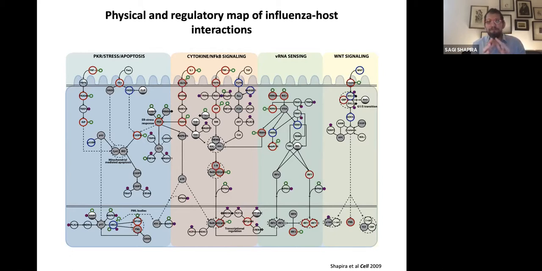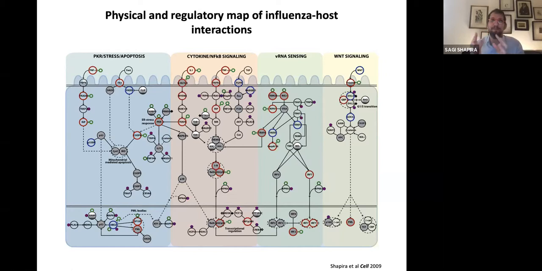This is published, so I won't go into details. But what we know is that when we examine the physical protein-protein interactions between pathogen and host, and the transcriptional programs that are induced, that can help guide discovery of really key regulators of that infectious life cycle.